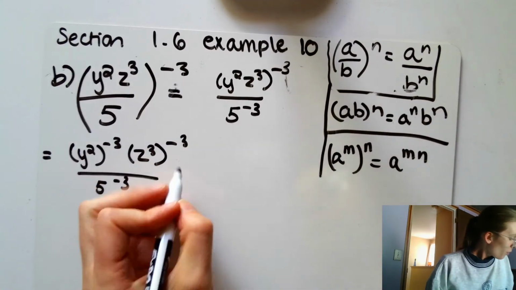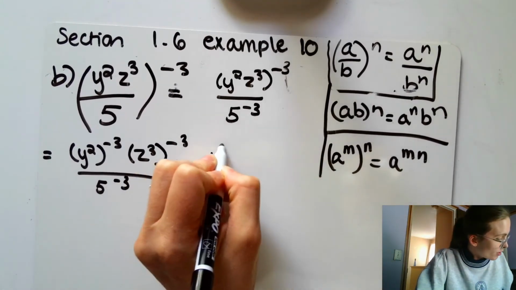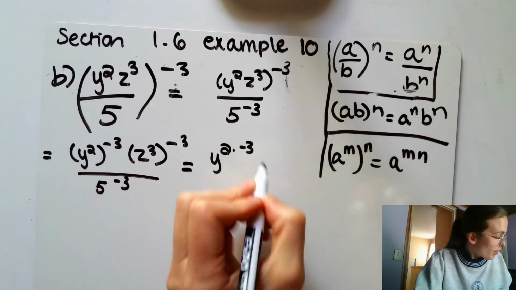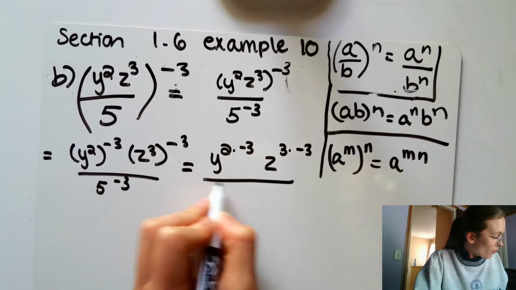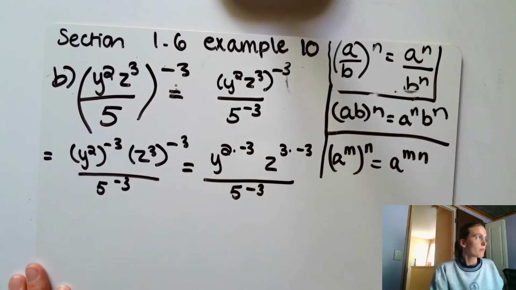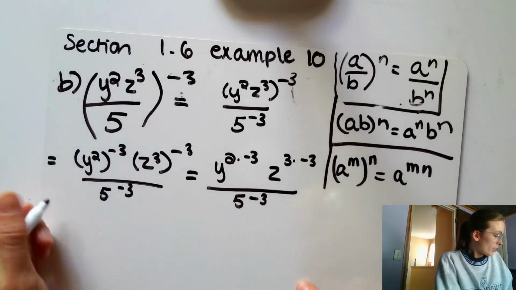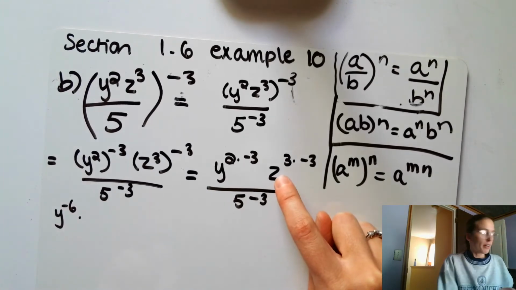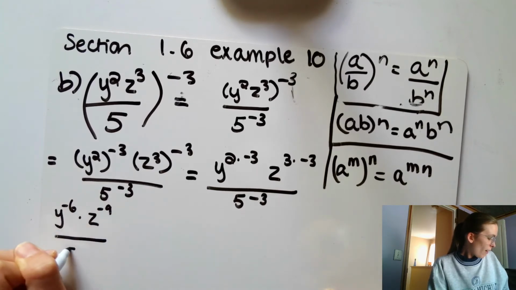So y squared to the negative 3 becomes y to the 2 times negative 3, and z cubed to the negative 3 becomes z to the 3 times negative 3, all over 5 to the negative 3. Then y to the 2 times negative 3 is y to the negative 6, and z to the 3 times negative 3 is z to the negative 9, over 5 to the negative 3.